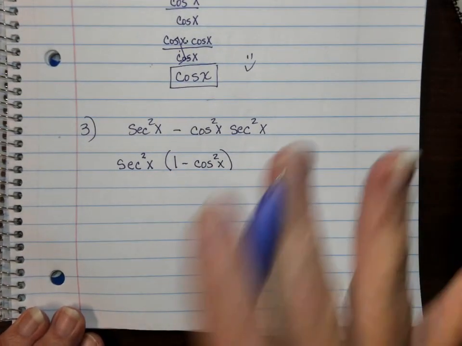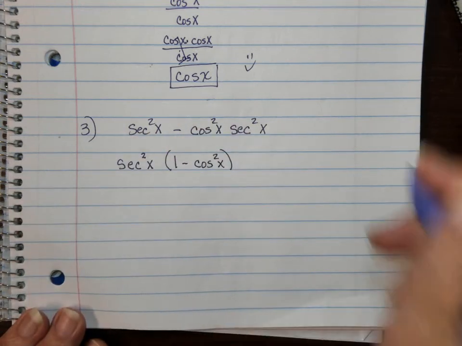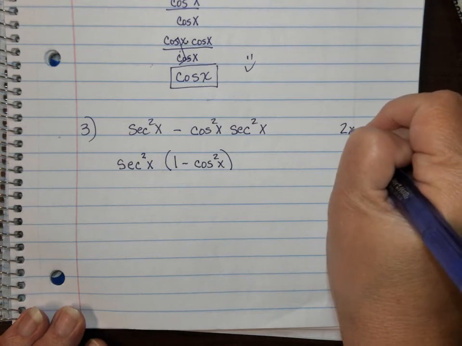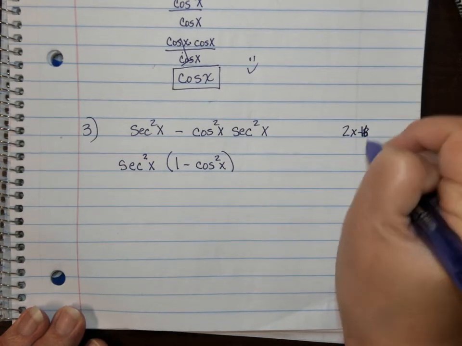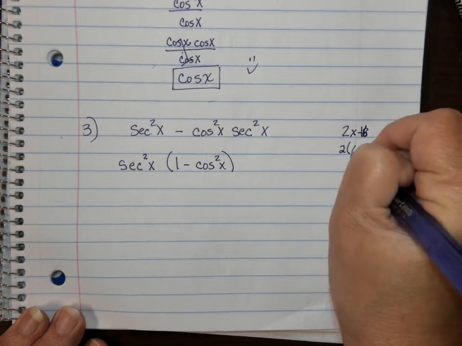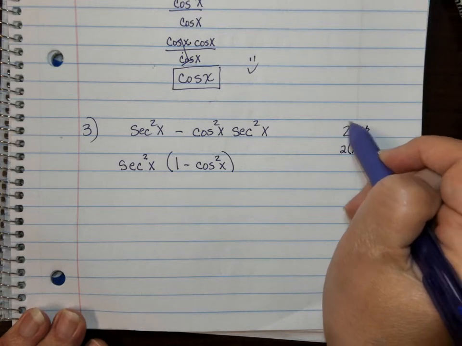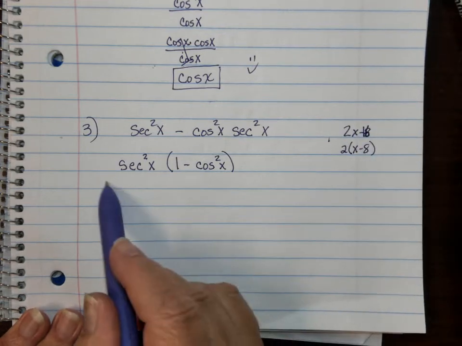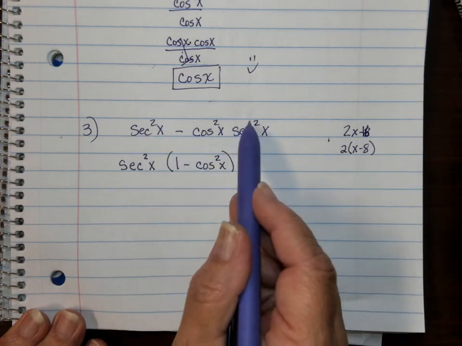So just a little reminder here, because I know sometimes this just looks like alphabet soup to some of you. But remember in the warm-up, we had 2x minus 16, and you all knew you were supposed to factor out the 2 and get x minus 8, because the 2 was the common factor. Well, that's what we're doing here. Secant squared x is our common factor.